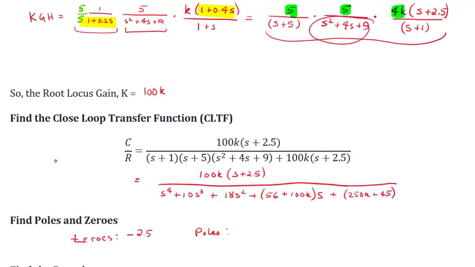Now this one right here, we can't figure out without using the quadratic expression, but the others are easy. We've got a pole at -1, we have a pole at -5, and it turns out we have poles at -2 plus or minus j2.236. I'll just put here, use quadratic.